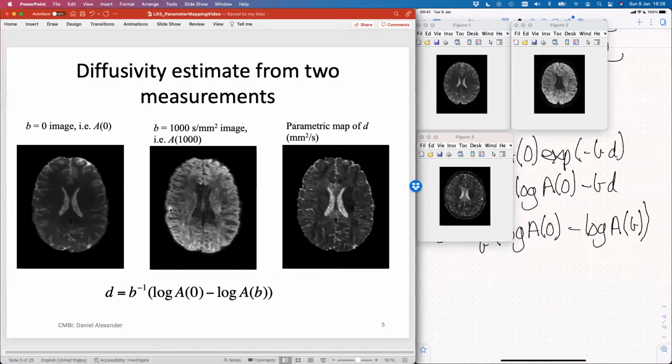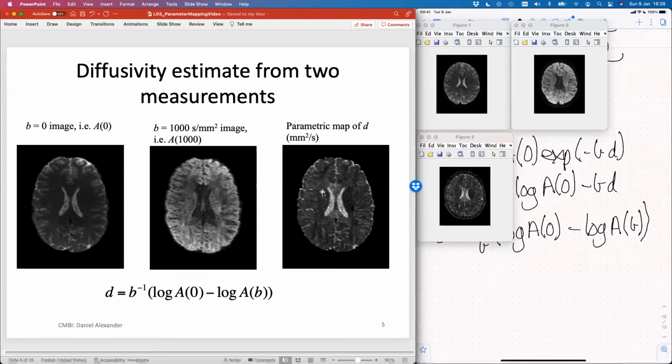And so there was one simple estimate then of the diffusivity map. One thing you'll notice about it is that it ends up having quite a noisy appearance. And you'll also recall that rather than just having 2 measurements in it, which is really all we need to make an estimate of the diffusivity, the data set I'm looking at has a much larger number, 108 different measurements.